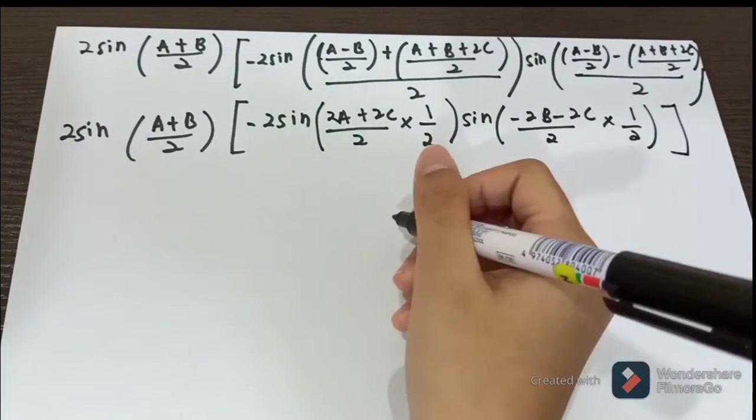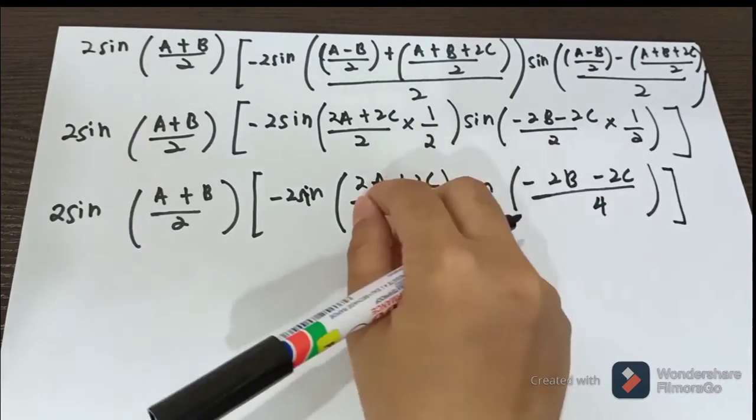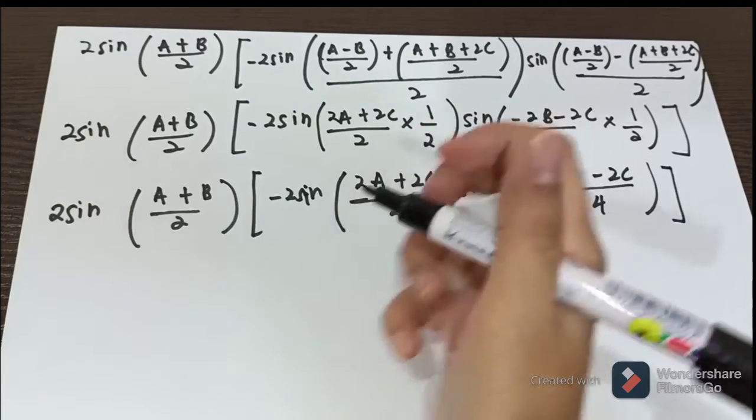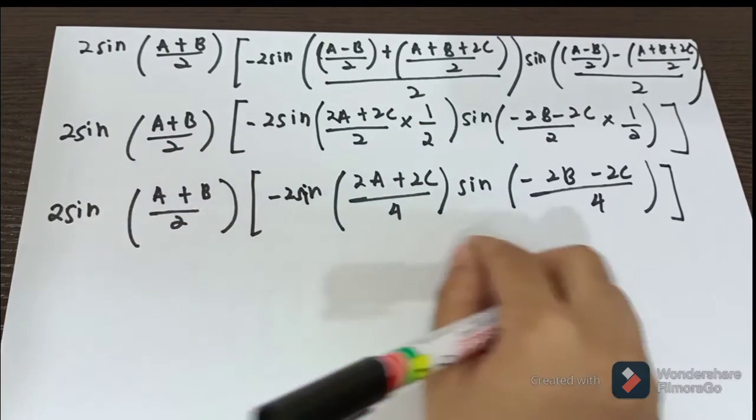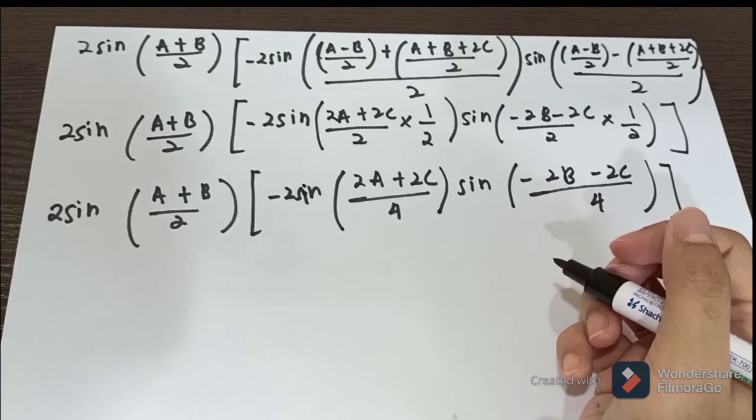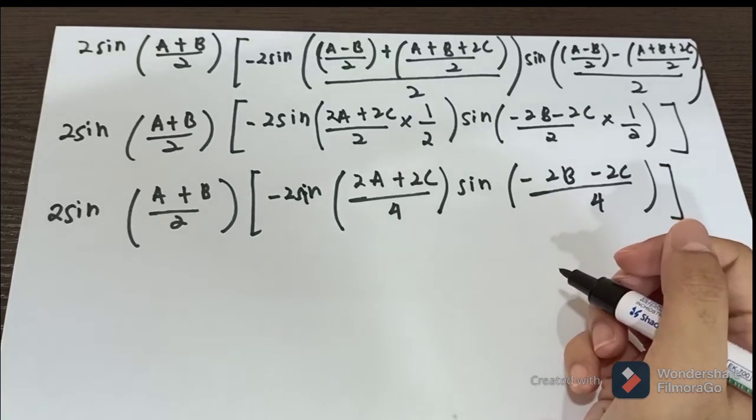After we multiply it by 1 over 2, this equation will be like this.